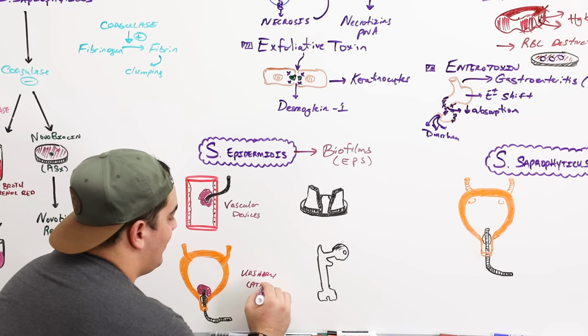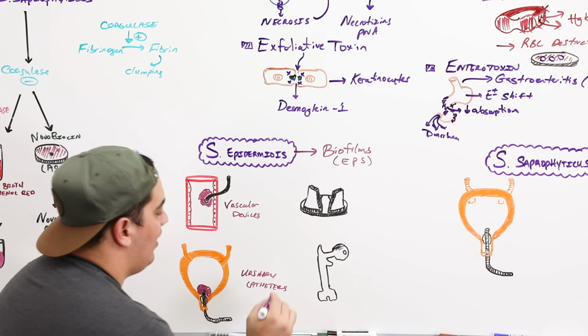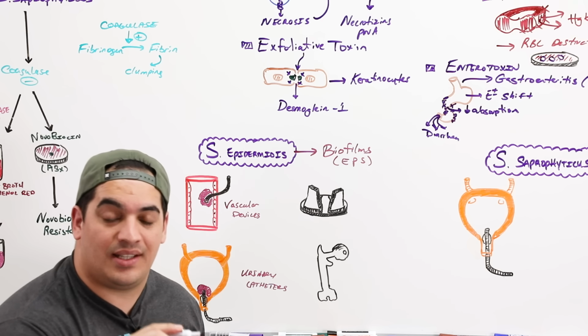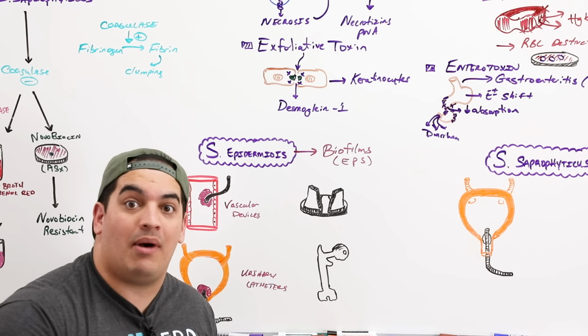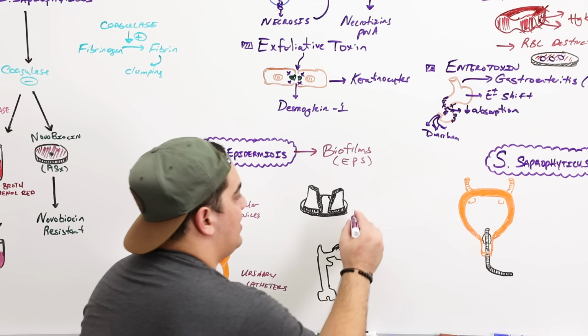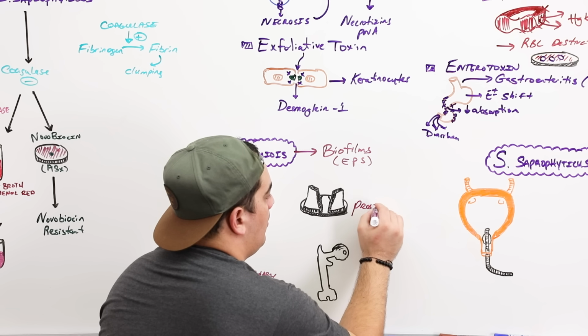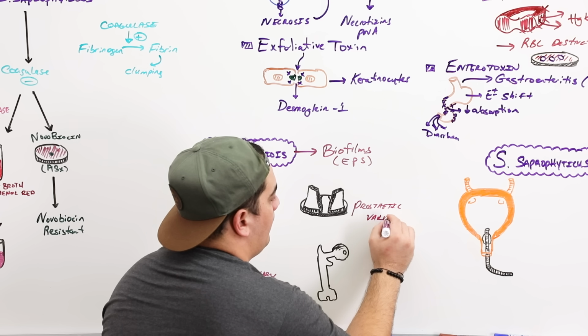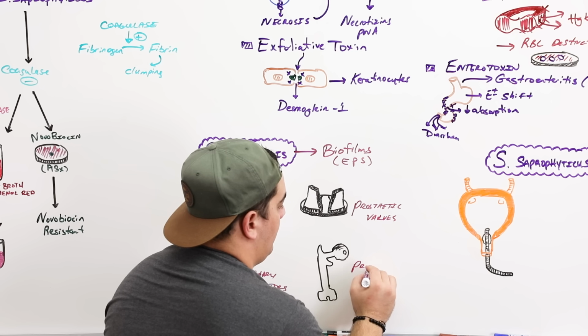And you know what else? It loves to form on particular types of prosthetic devices that are basically inserted into the body, especially prosthetic valves and joints, prosthetic joints.